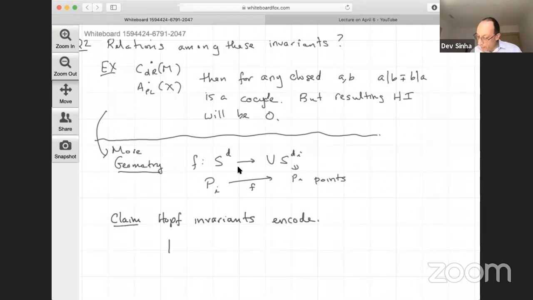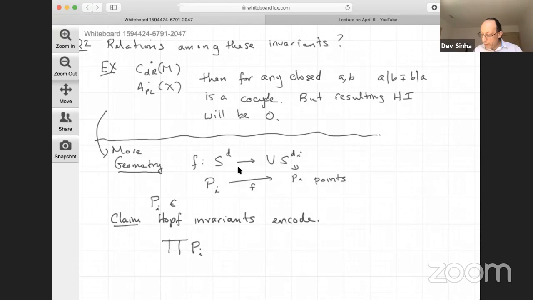So if I then look at the product of these spheres, and yes, the P_i are in the D sphere, but I'm going to really think of them inside of R^D because they're disjoint from the base point.